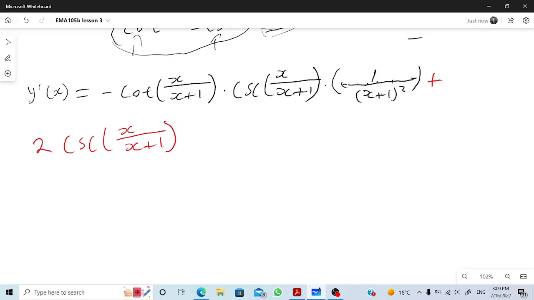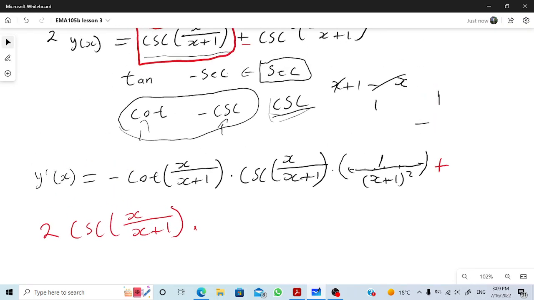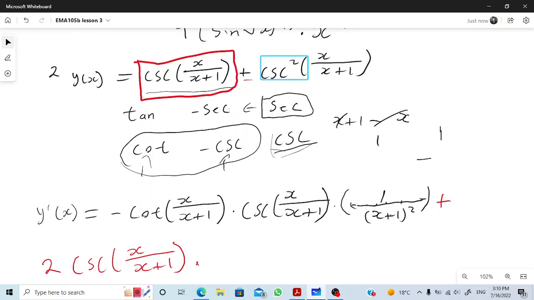Alright, so we're done with the power. Now we differentiate the outer function that's remaining, which is the cosecant. Can I go up a little bit? Now we are done with the power, we are left with something like this.